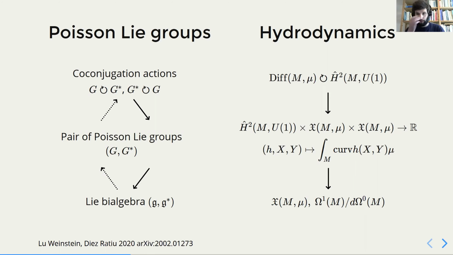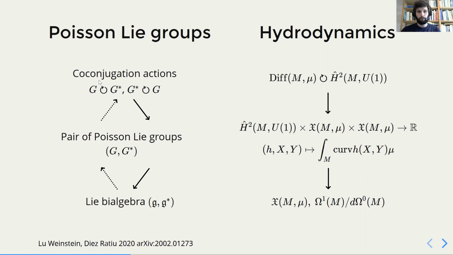That's a kind of interesting point, because we know that these kinds of cocycles are integrable to Lie group cocycles. So it's interesting that you can integrate these cocycles in two different ways.